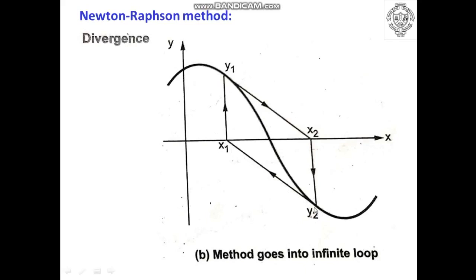So by drawing a tangent at this point, it is intersecting the x-axis at x1. The next step says you have to put the value of x1 in the function. So again you will find y1, and then you will just keep moving around this particular loop. So this becomes an infinite loop.